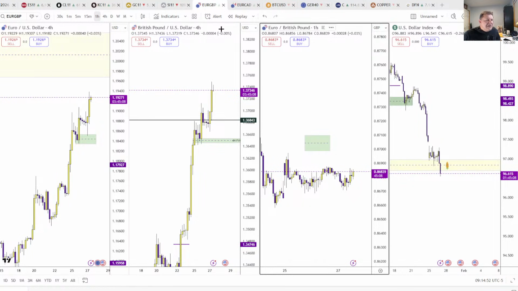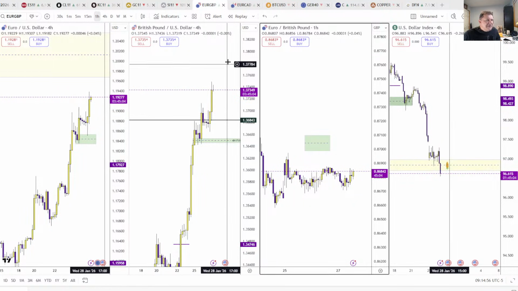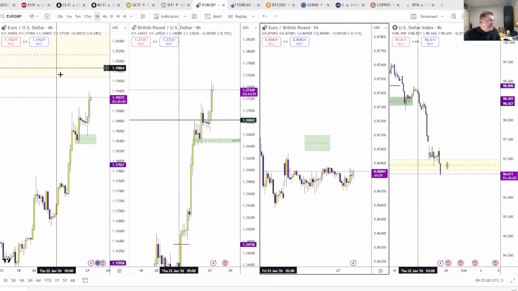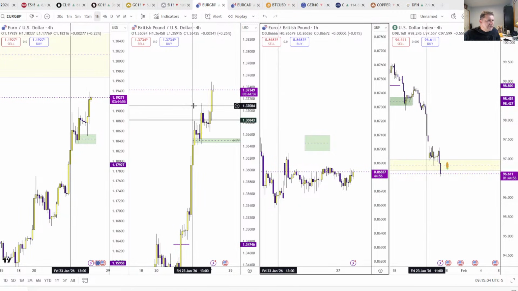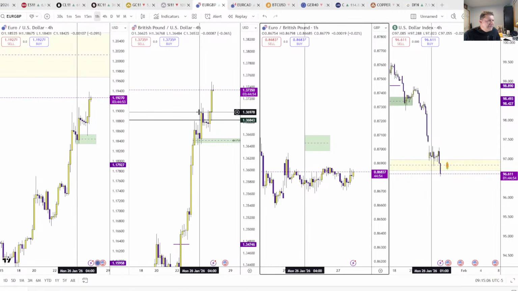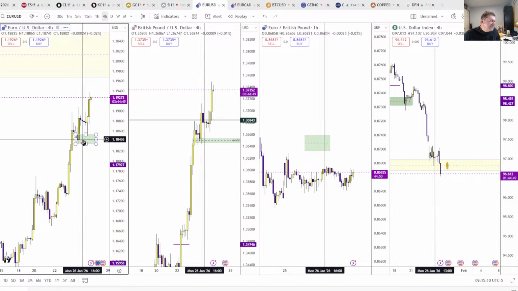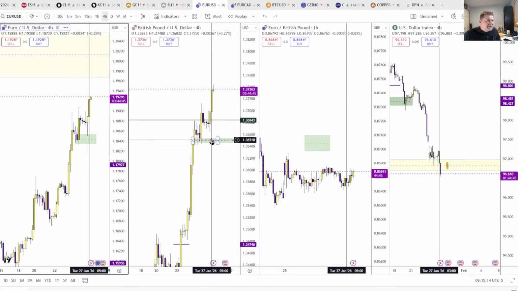I got a little bit out of copper last night too. I gather my trades are off of copper right now. Euro dollar. Interesting. See how euro dollar came all the way back into that? And British pound did not.